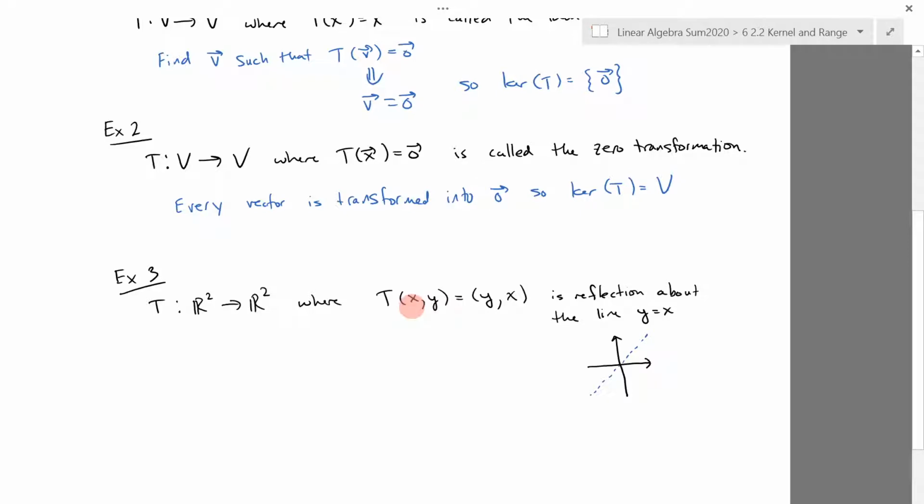And if you think about this geometrically, this transformation just gives the reflection about the line y equals x, right? Because if you have some point (x, y) and you swap their coordinates, it just means that you're flipping it over the line y equals x.